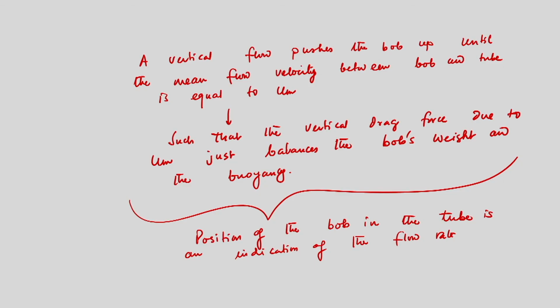So, this is very important: the position of the bob in the tube is an indication of the flow rate. Now, if I try to write a force balance, what can I write?